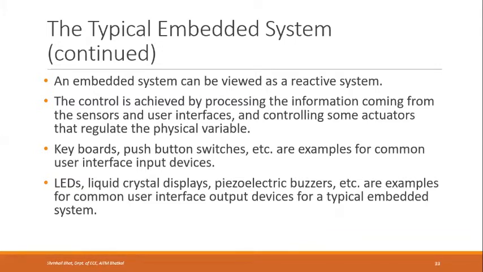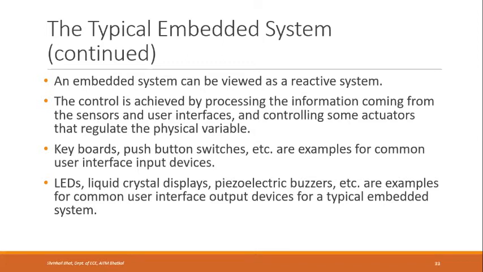So they are reactive systems. The control is achieved by processing the information coming from sensors and user interfaces. Normally they will have a user interface, so if a user presses a particular button, some action has to happen. So they are reactive systems, controlling some actuators that regulate the physical variable.